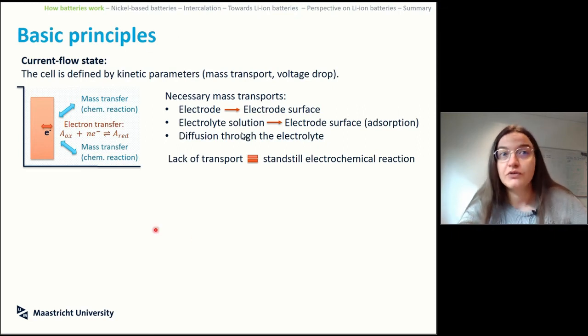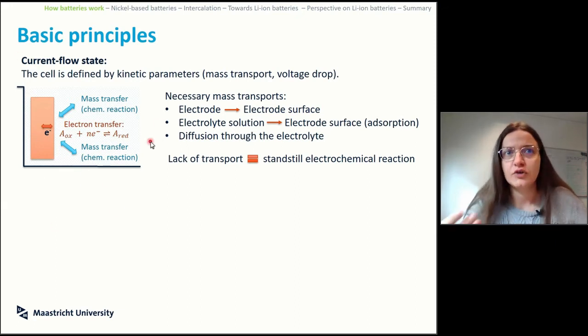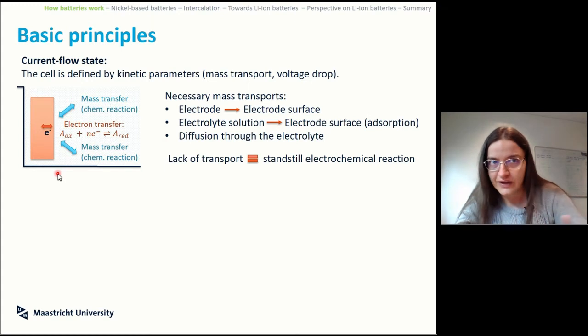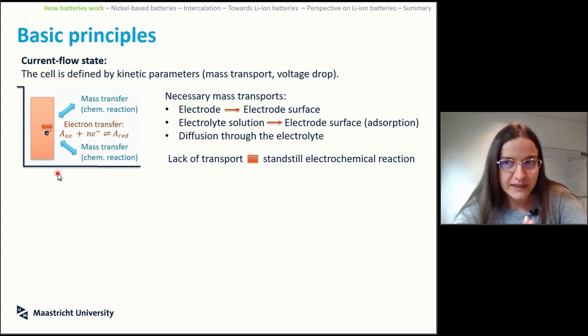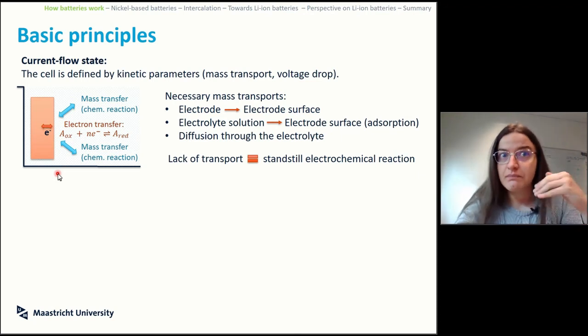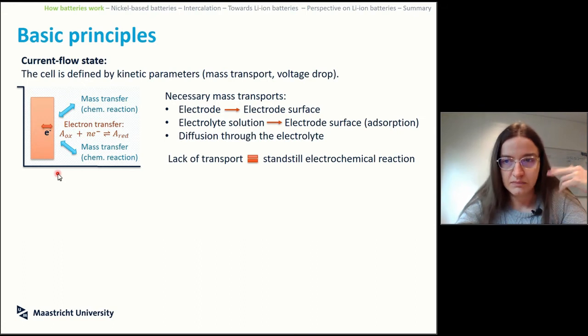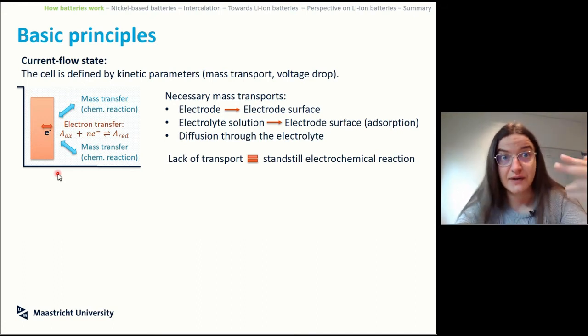So every time you consider the thermodynamics of your system, you have to consider this whole flow and the kinetics. So how fast are these processes, how nice do they work, and how well do they interact at the interface. This thing of the interface is kind of key for this thing, because basically the rate of reaction is what gives you the current flow, but the electron transport must be forced in the most important direction, and the mass transfer here must happen.